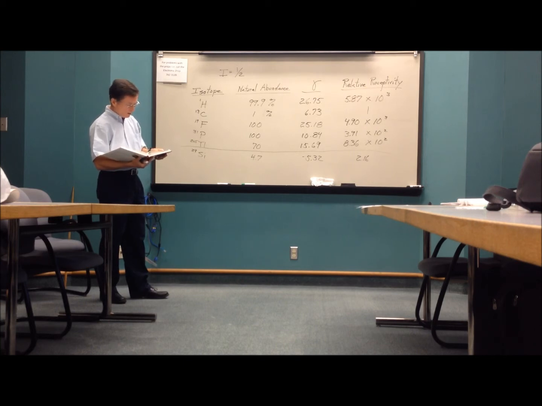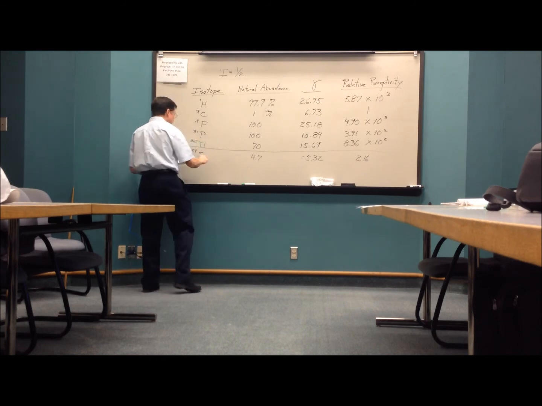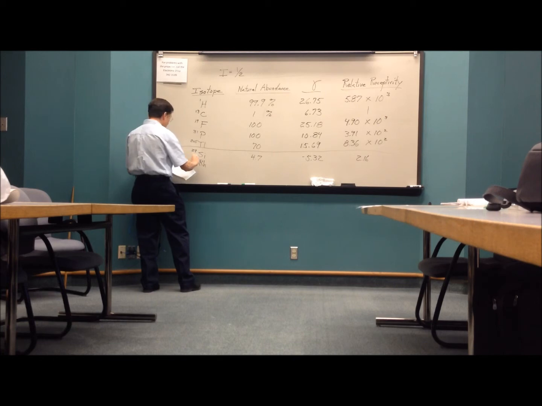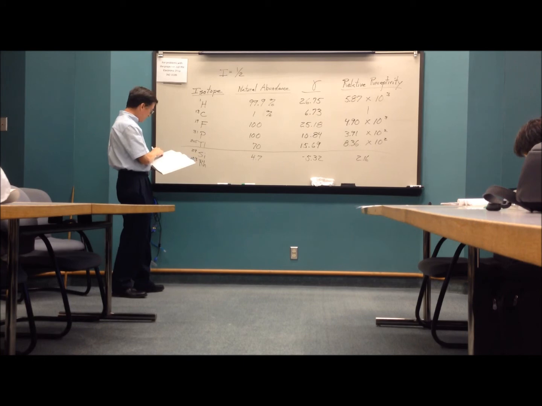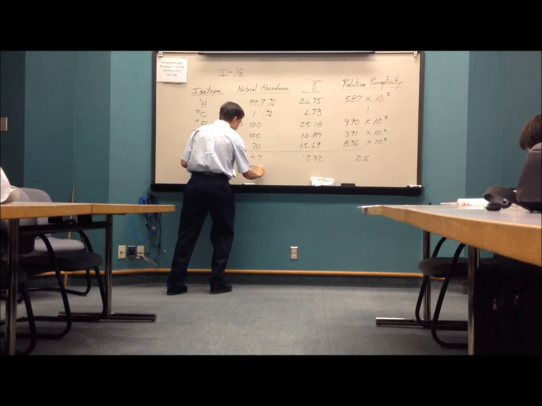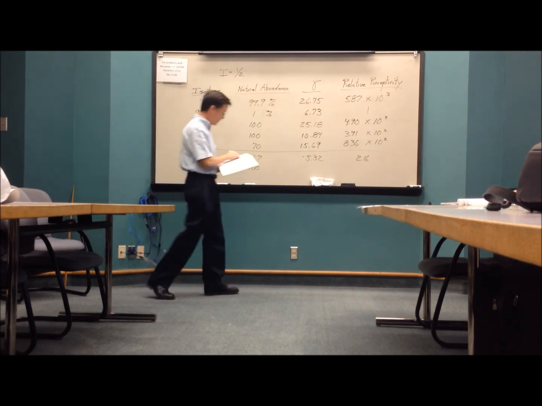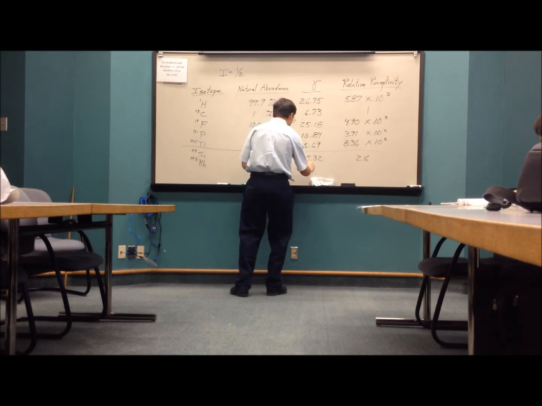Other useful ones, there aren't that many. One would think that you might be able to do things with rhodium. People do rhodium NMR, organometallic chemists do. Rhodium-103, its natural abundance is 100%. So far, so good. Its gyromagnetic ratio is less than 1.